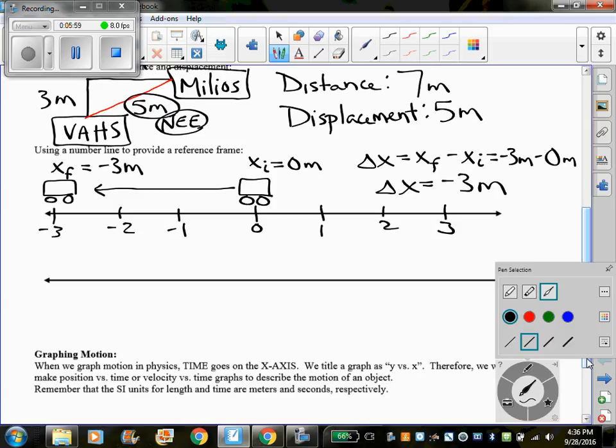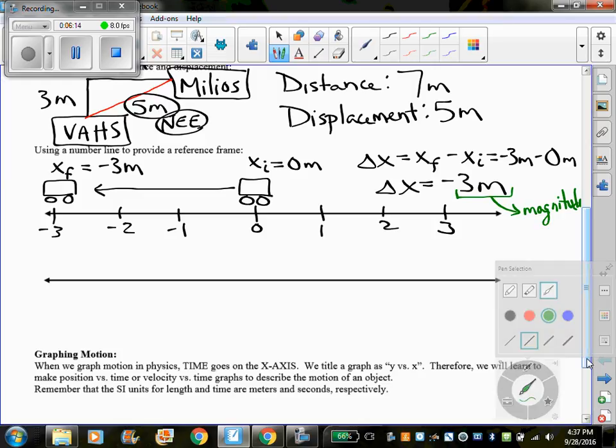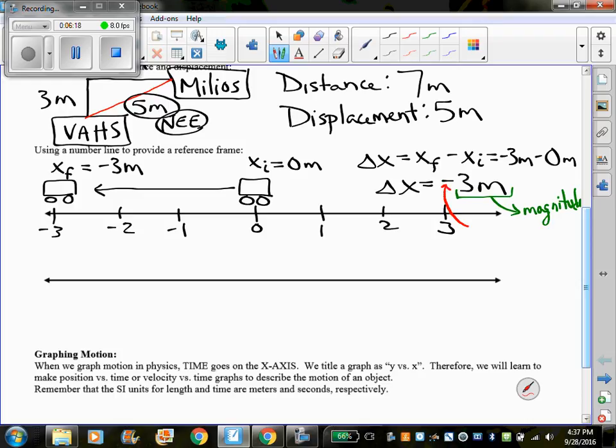So let's look at the pieces of information that were given there, right? Here, the 3 meters is our magnitude. It's how big the displacement was. But then right here, that negative sign is trying to tell you the direction.